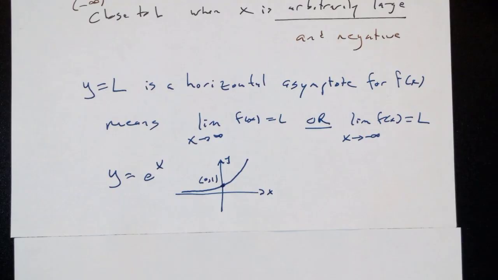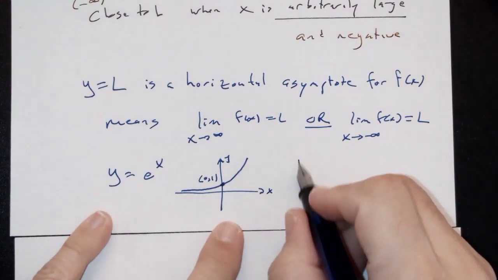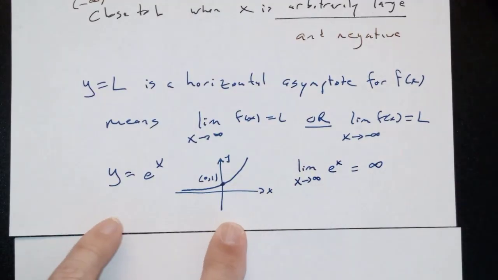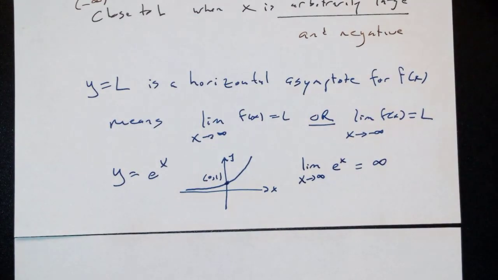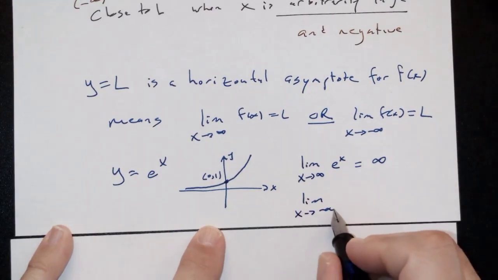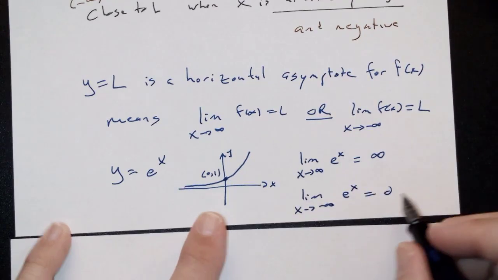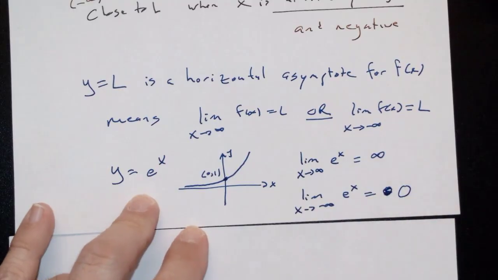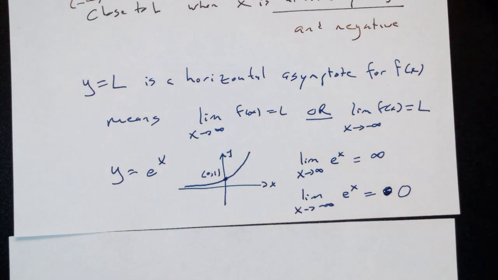So here's a case, Chloe, where the limit as we go to infinity is infinity, because that right side's just going to keep shooting up. Whereas if I put in more and more negative numbers, I get 0. Which means I have a horizontal asymptote at y equals 0. But I only have that asymptote on the left.